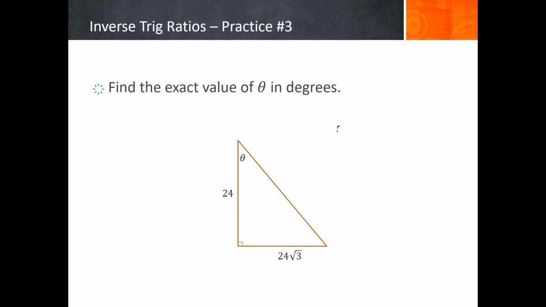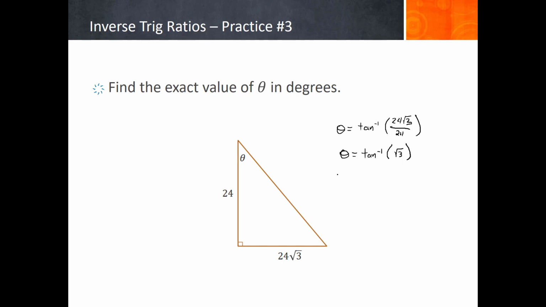Theta must equal the inverse tangent of the opposite side, 24 √3, over the adjacent side, 24. Again, the 24s will cancel out.